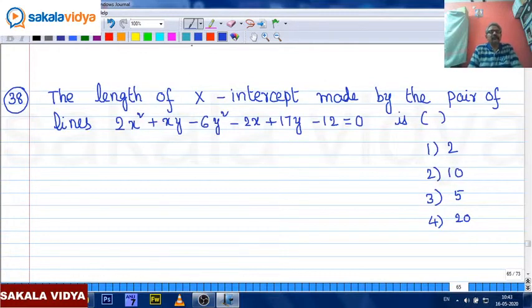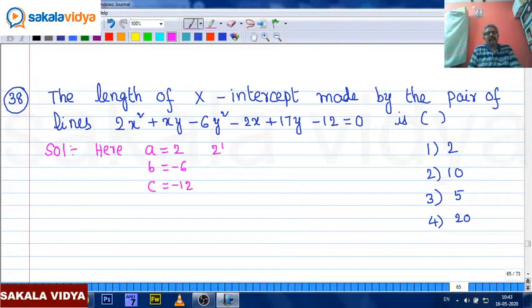So now solution. Here a is 2, y square coefficient b equals minus 6, constant term c is minus 12, 2h equals 1, x coefficient is minus 2, that is 2g, y coefficient is 17, 2f is equal to 17.